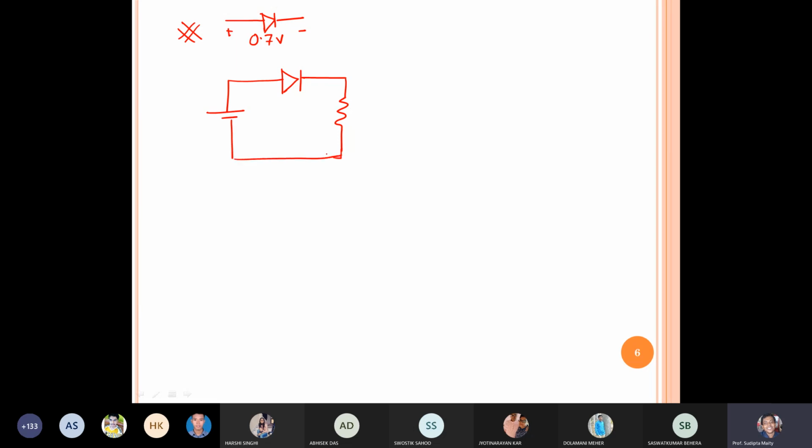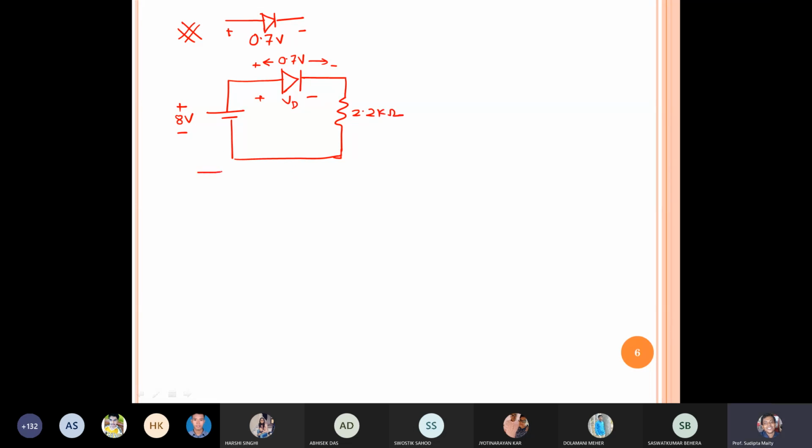I am requesting all my dear students, please solve by yourself. Okay, so it is my 8 volt source, plus and minus. I have to use 0.7 volt across the diode, so it is plus minus VD. Now in this case the resistance is, suppose, 2.2 kilo ohm.